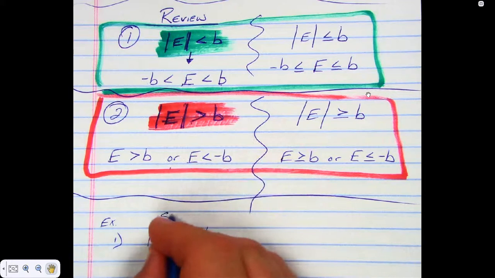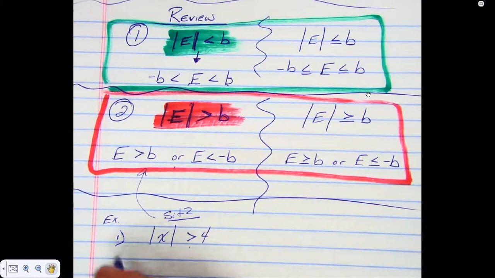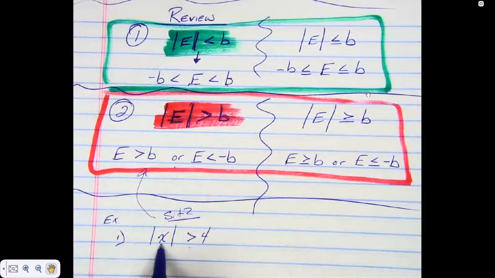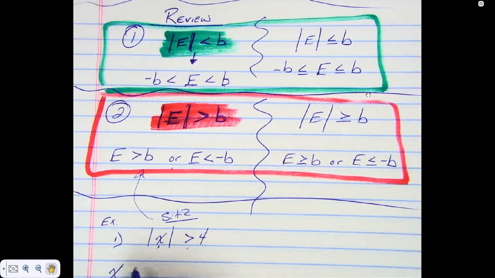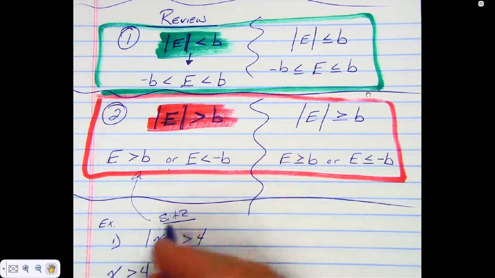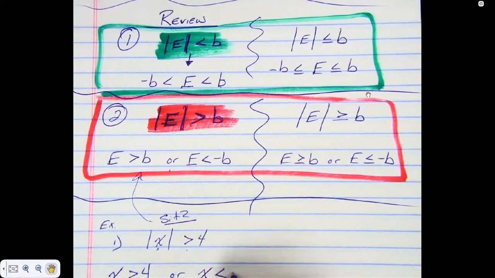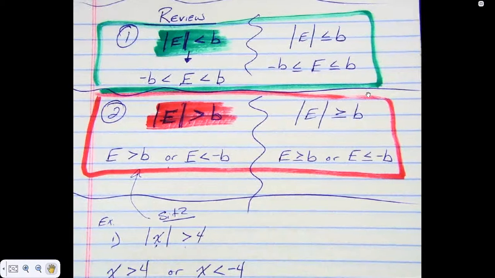This looks like situation 2, does it not? So it breaks up into E, in this case X, is greater than 4, or E, which in this case is X, is less than negative 4.